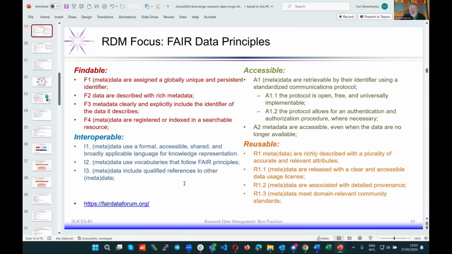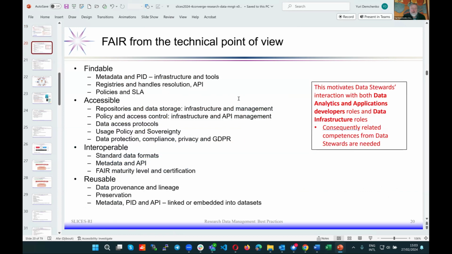So actually it's a requirement. But writing a project plan is one thing, and implementing it is another. Here come the different technical problems. For metadata and PID, you need infrastructure, a metadata register, semantic tools, editors, registries, and handle resolution.